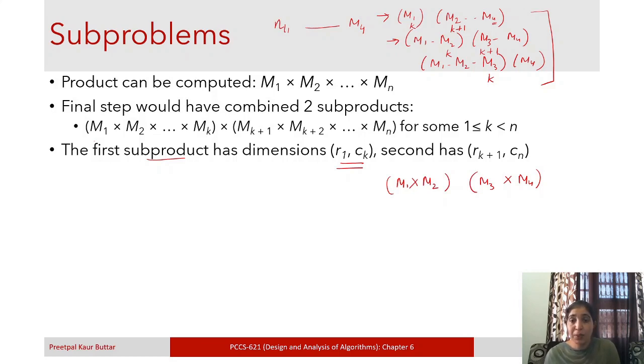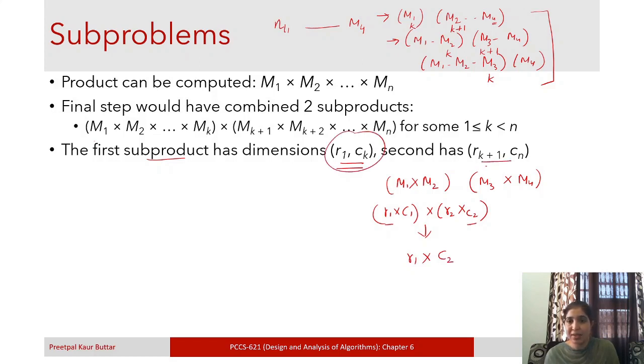Okay, so what will be the dimension of the first subproduct? m1 has dimensions r1 into c1 and m2 has dimensions r2 into c2, right? So what will be the dimensions of this subproduct? The number of rows will be equal to m1's rows, r1, and the number of columns will be c2. Okay, so this is what this statement is saying.